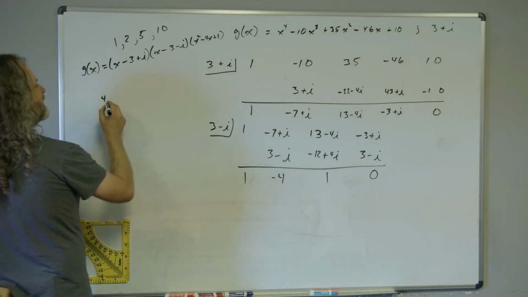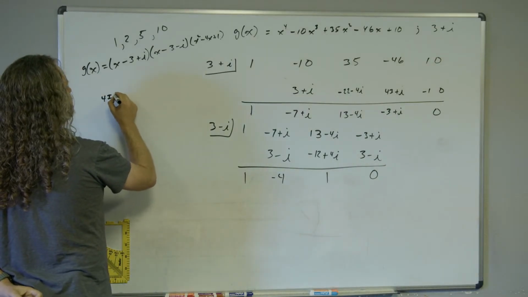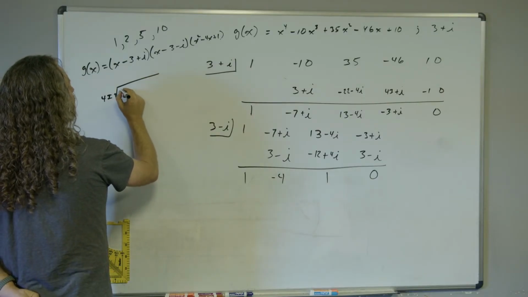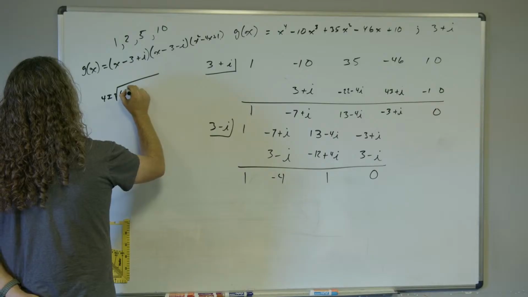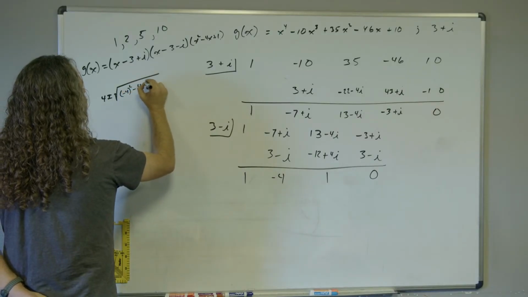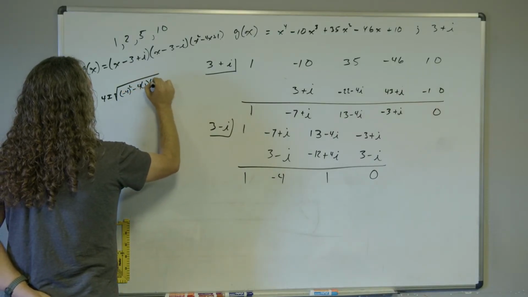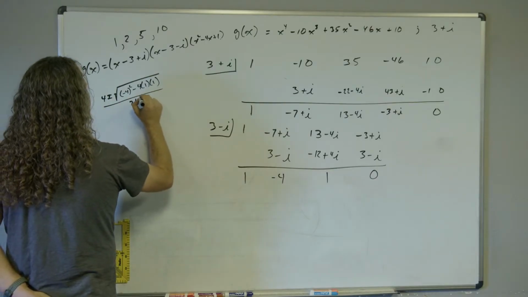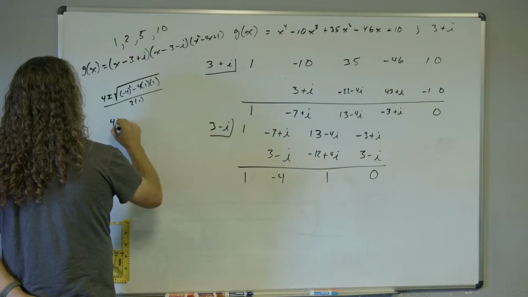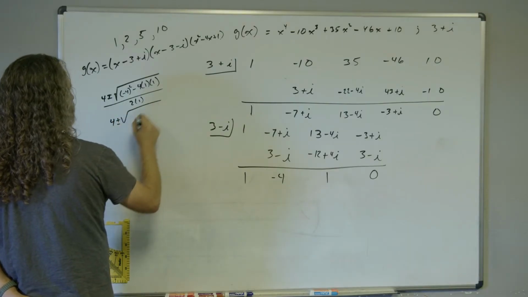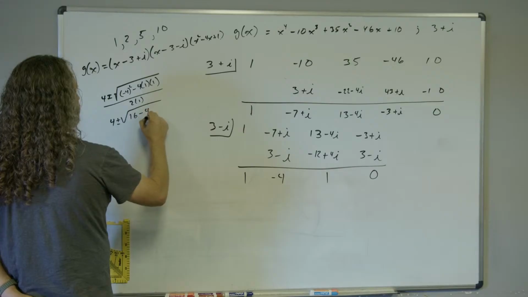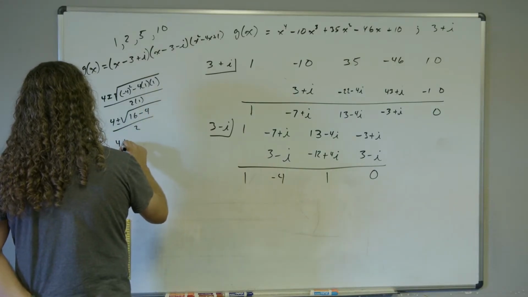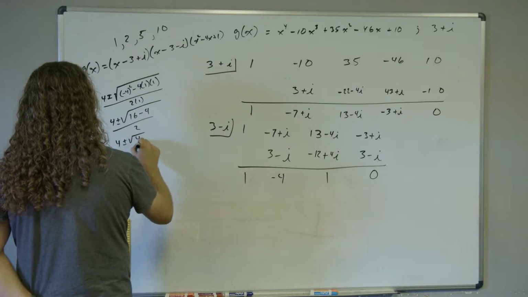Plus or minus the square root of -4 squared minus 4 times 1 times 1, over 2 times 1. 4 plus or minus the square root of 16 minus 4, over 2. 4 plus or minus the square root of 12.